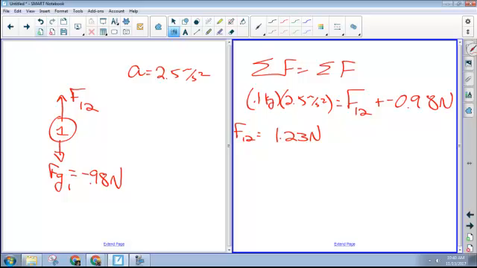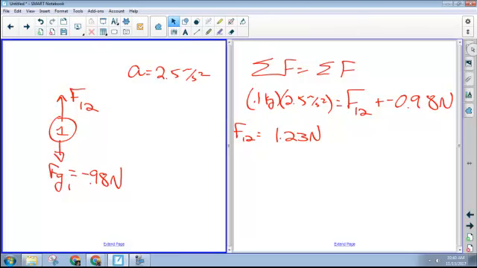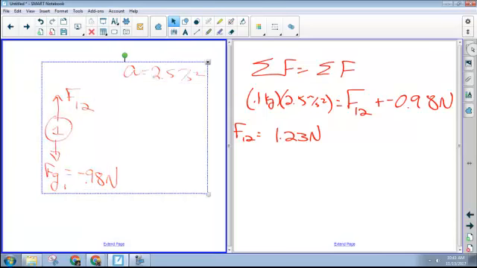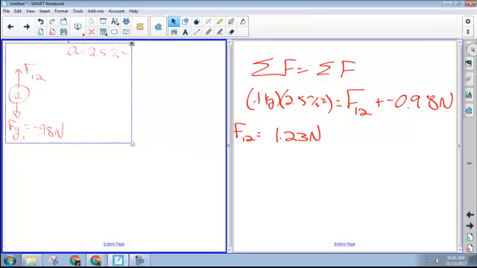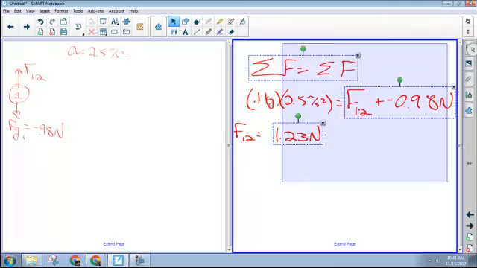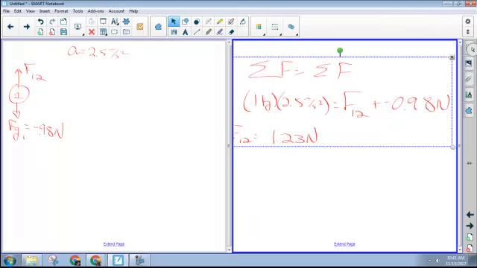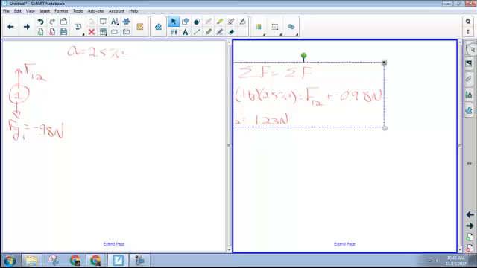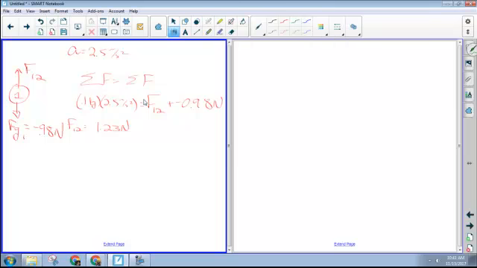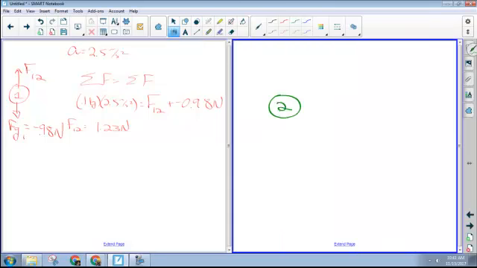Okay. Now, as you work your way up the chain, you kind of repeat this process. Similar to number 7, you start at the bottom and you work your way up. So now if I look at link number 2, what forces are there?